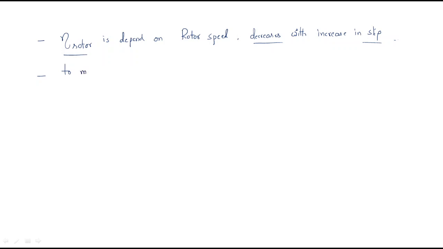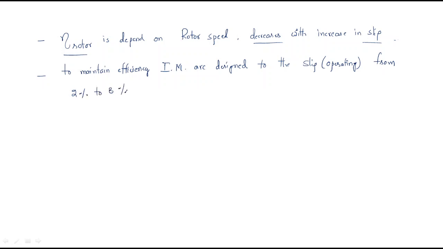So the operating slip of the induction motor should always be 2% to 8%.